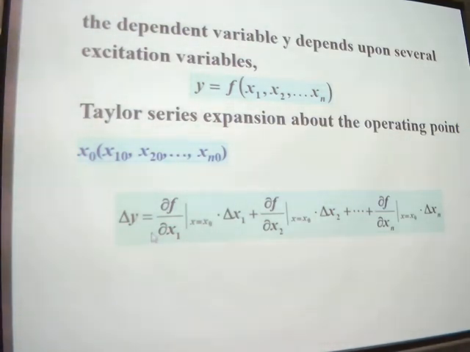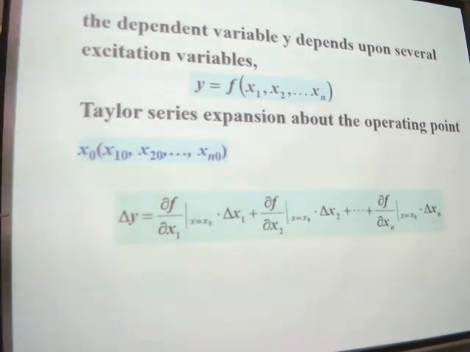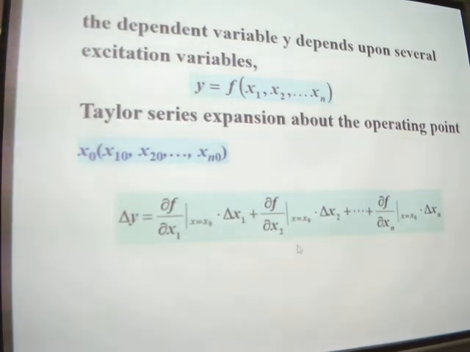Now we can write this little y equal to this differentiating f to x1 times delta x1 and plus the differentiating f to x2, now the same to the xm. How we can see this is differential of y equal to f x1 to xm. We can get this Taylor series expression.